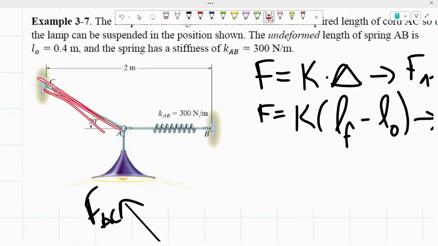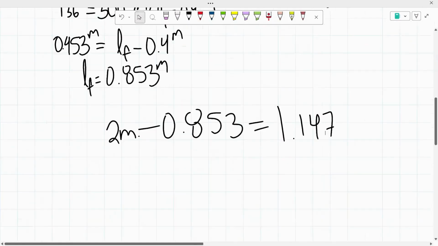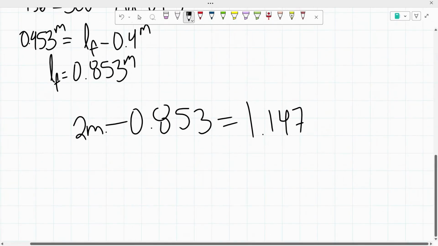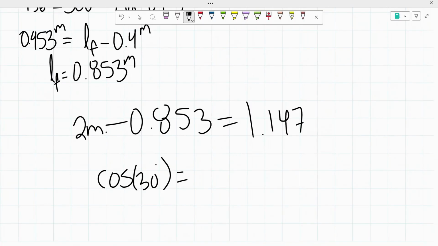which is the hypotenuse side. So what we could do is use cosine of theta, where theta here is the 30 degrees, because cosine is adjacent, which we found already, over hypotenuse, and that's what we're trying to find. So cosine of 30 degrees is equal to adjacent over hypotenuse. The adjacent side we found was 1.147 meters over the hypotenuse side, the side we're trying to find, the length of AC.